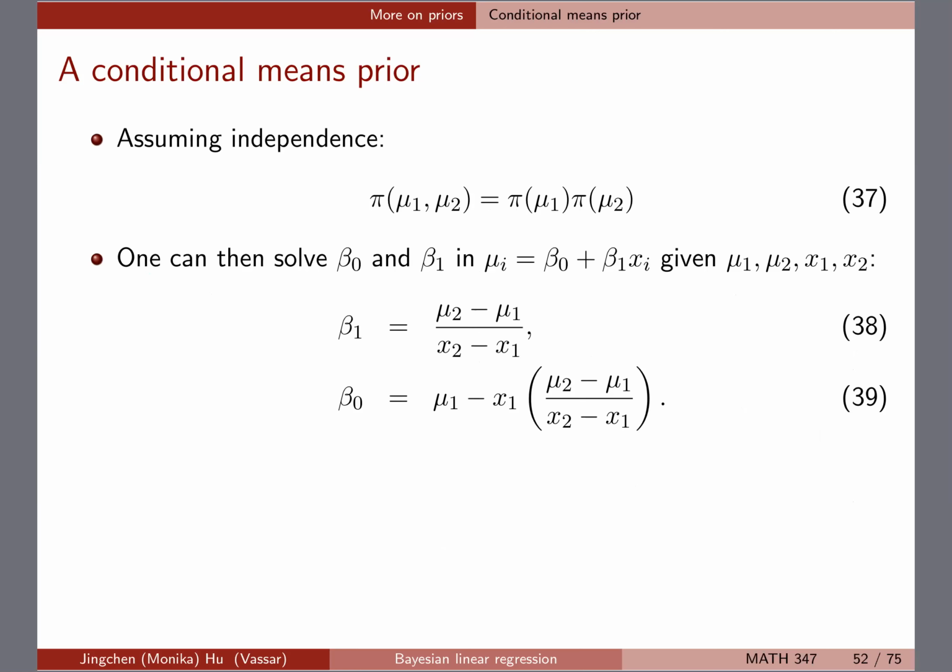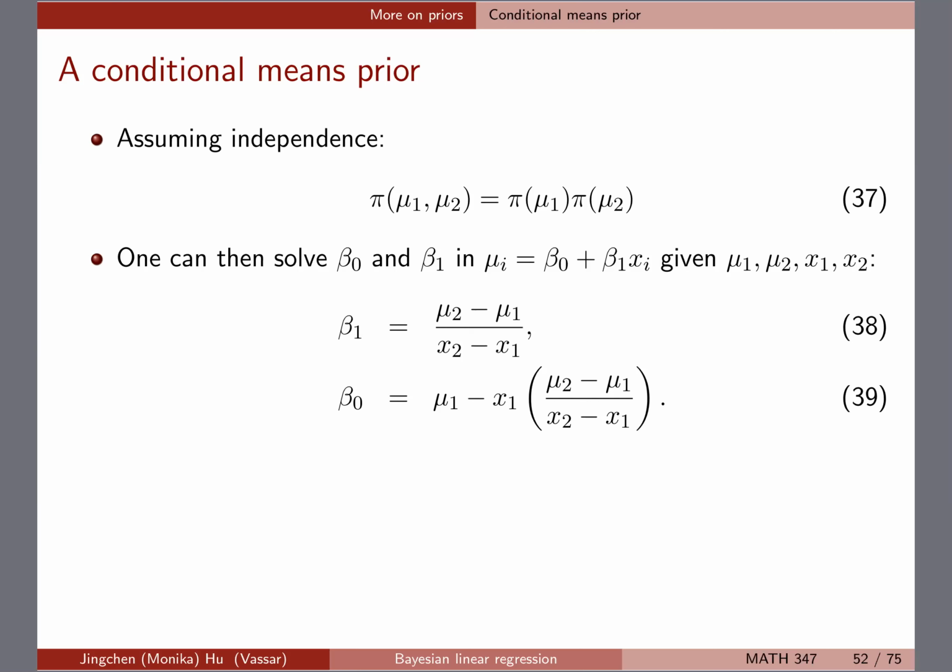Then I can just solve them. This is pretty straightforward algebra. Beta 1 is the ratio of the difference in the means and the difference in the predictor values. Beta 0 you can express in two different ways, but either gives you the same result.